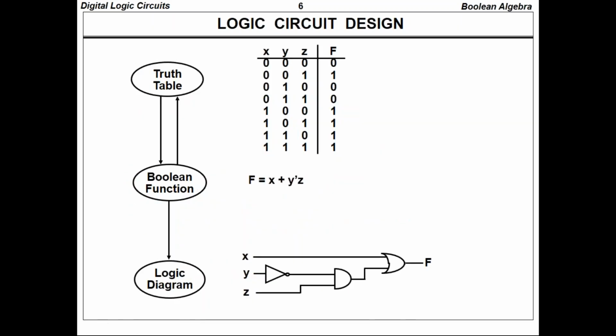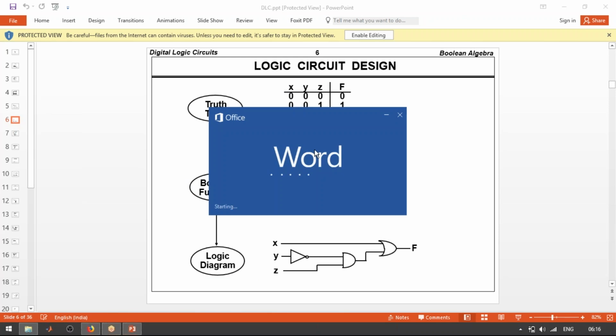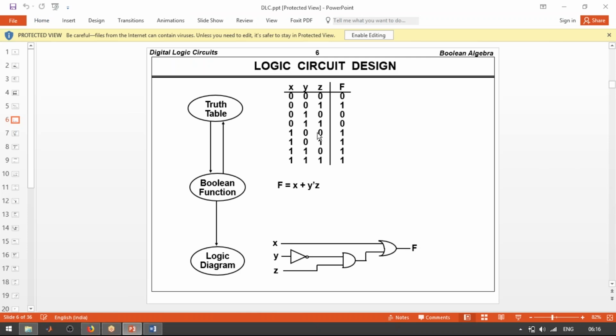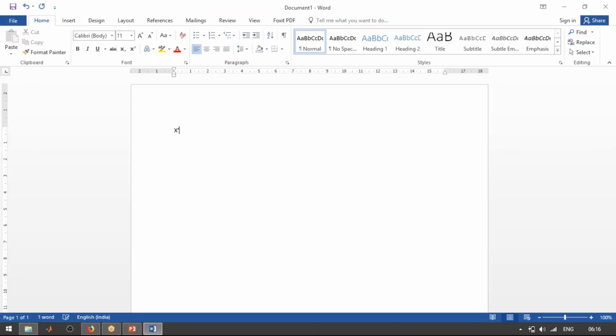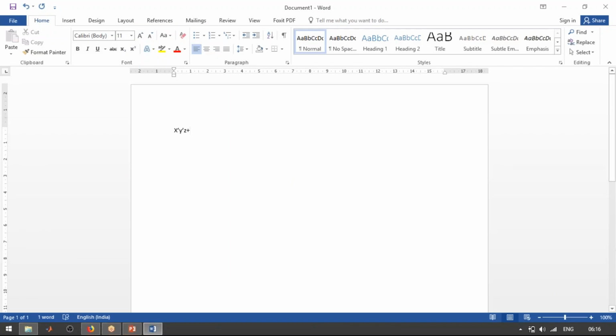For example, x bar y bar is z, plus, first expression is x bar y bar is z, then next one is x plus y bar is z bar.